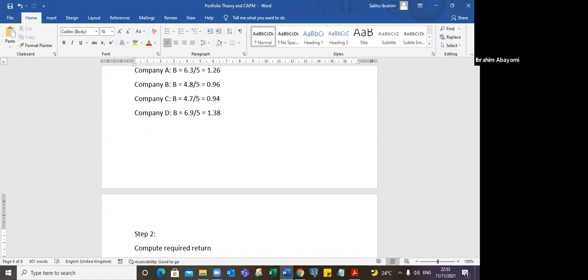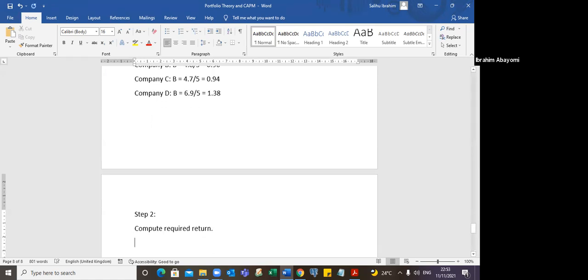So, required return for company A. Let me put the general formula first.